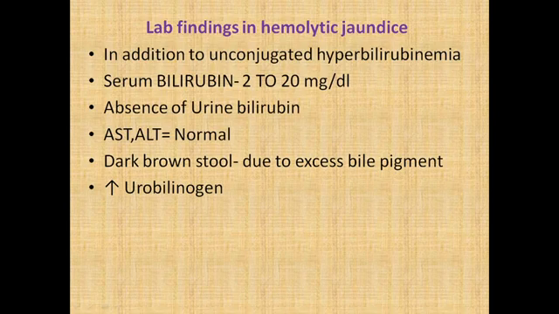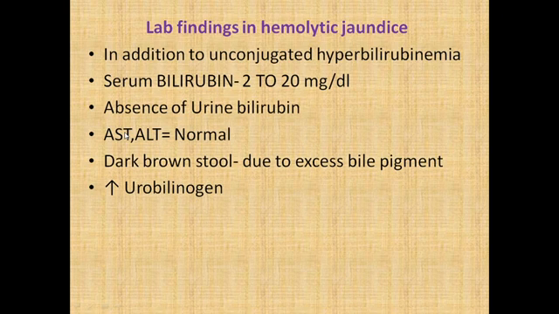This unconjugated bilirubin is water insoluble. If you want to excrete bilirubin in urine, it should be converted into conjugated bilirubin, which is water soluble. Here, mostly it is unconjugated hyperbilirubinemia, so there is absence of urine bilirubin.